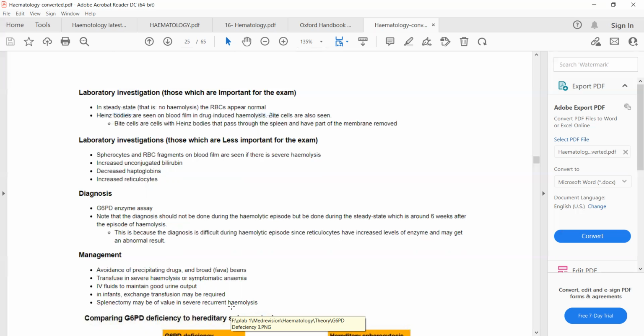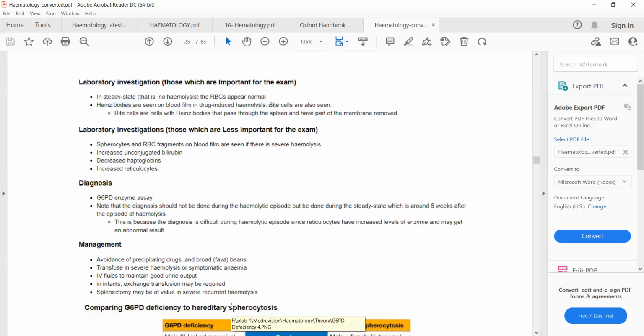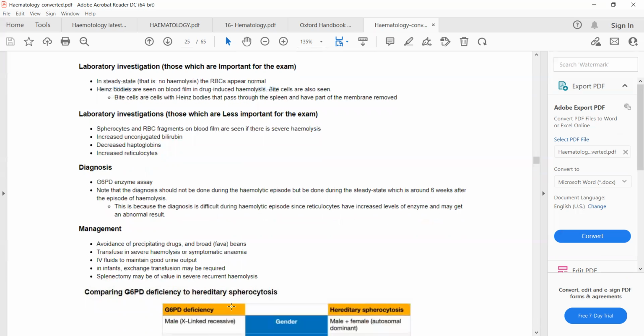So remember these indications for transfusion of blood in every case of anemia. IV fluids to maintain good urine output, and in infants, exchange transfusion may be required.